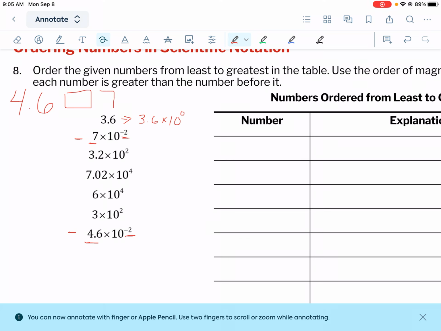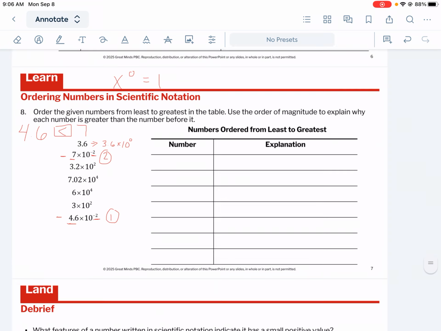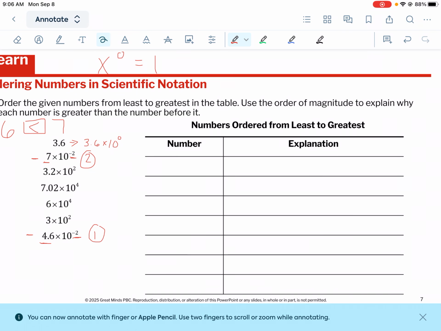I would hope you know that 4.6 is less than 7, and we are ordering from least to greatest. So 4.6 times 10 to the negative 2 will go first, and then 7 times 10 to the negative 2 will be second. So we're just going to write that in: 4.6 times 10 to the negative 2, then 7 times 10 to the negative 2.